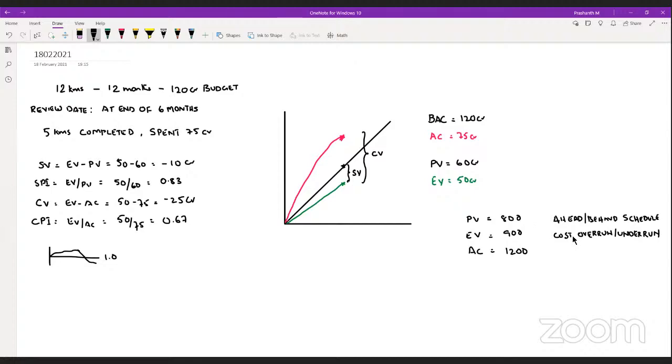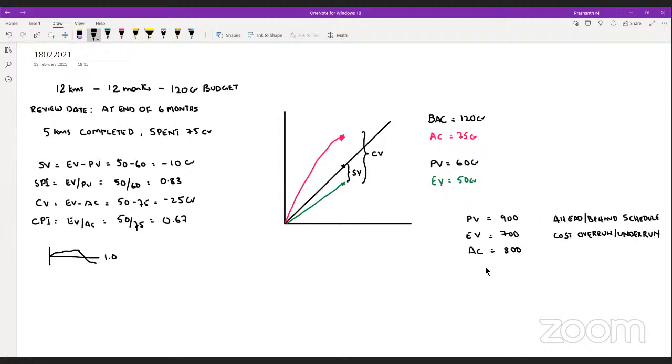Yes. All right. So cost overrun, cost underrun, ahead of schedule, behind schedule. This is something we need to be able to infer from these values directly. So let us say EV is 700, PV is 900, and AC is 800.